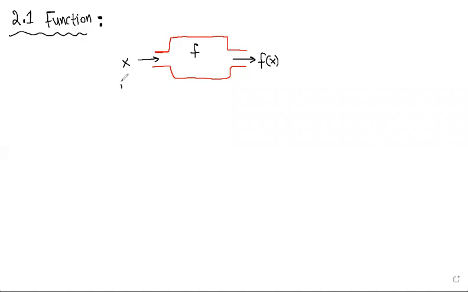So this is my input here, and this is output. And this is like a machine. So every input has only one output. This is what you have to know.